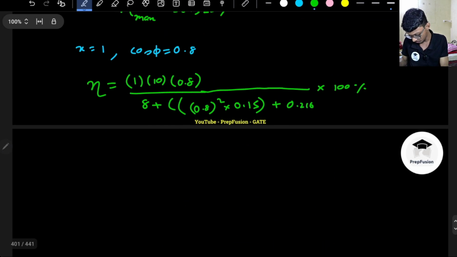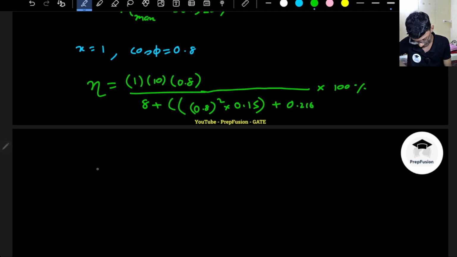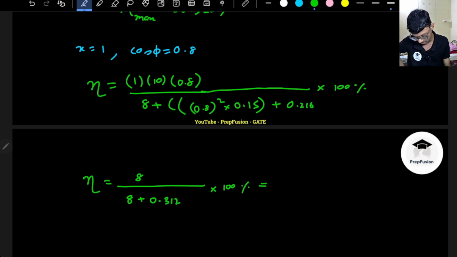So from here I can easily find the values. 0.8 whole square into 0.15 plus 0.216. So the efficiency is 8 divided by 8 plus 0.312, into 100%.